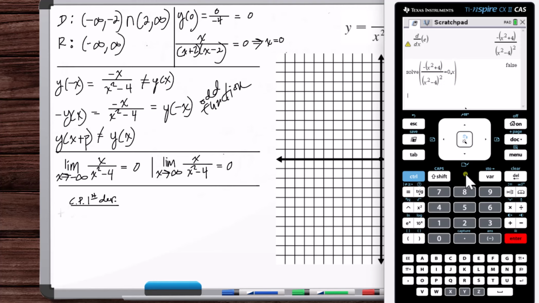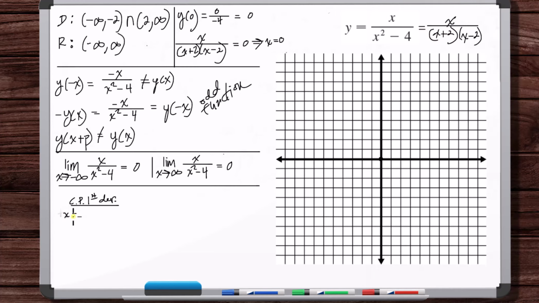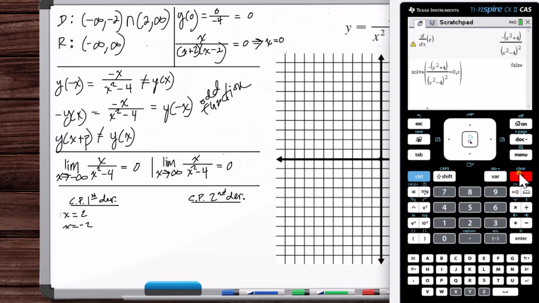There are no points where this is equal to 0, but there are 2 points where this doesn't exist. x is equal to 2, and x is equal to minus 2. Okay, now the second derivative.